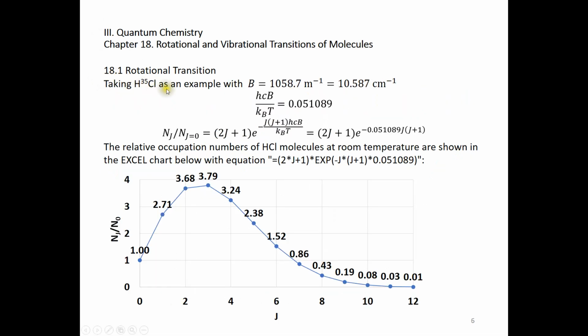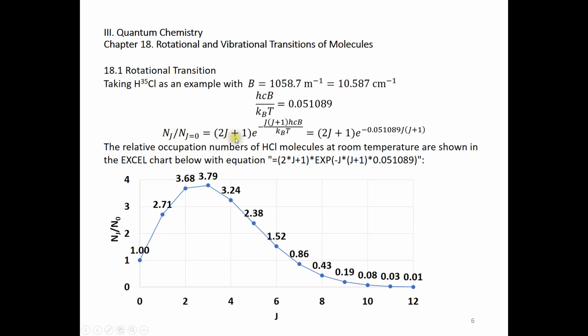Again, taking HCl-35 as example, B is 1059 waves per meter, or 10.59 per centimeter. So hcB over k_B T equals 0.051 by numerical calculation. We can compute the relative occupation number, which is expressed as N sub J over N sub J equals 0.